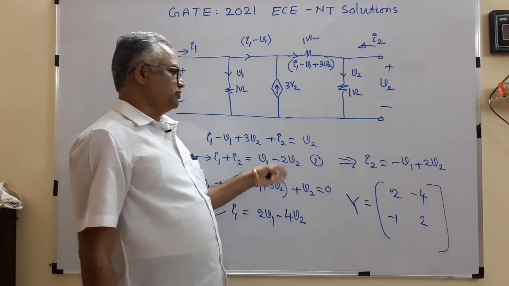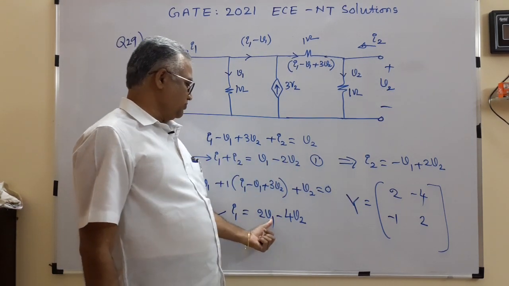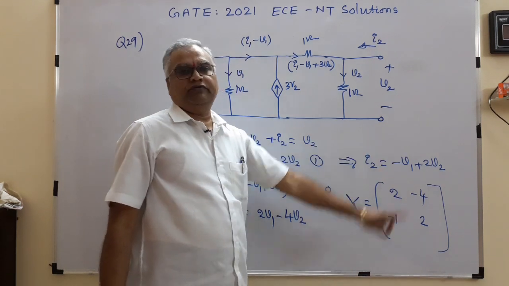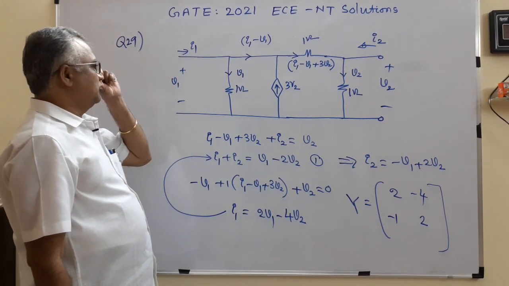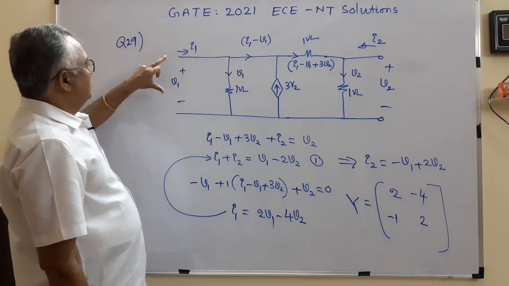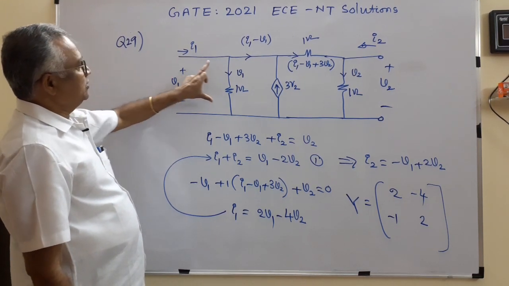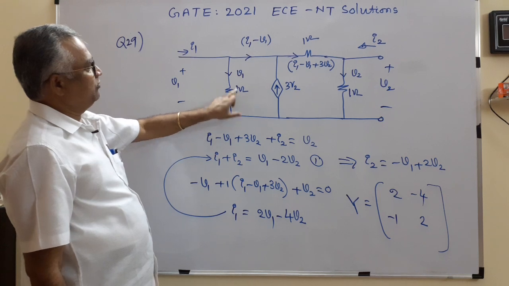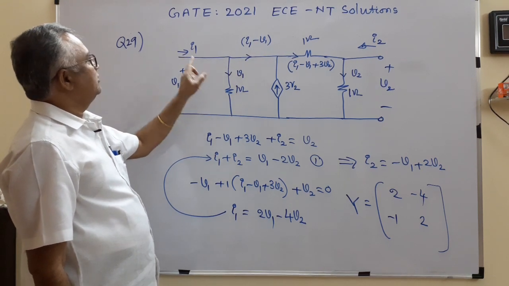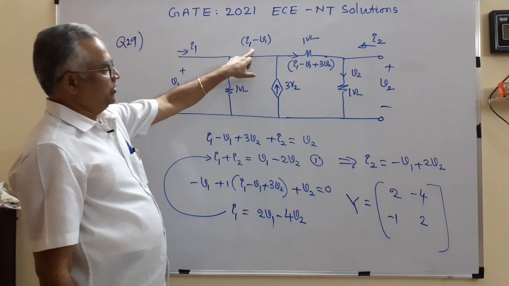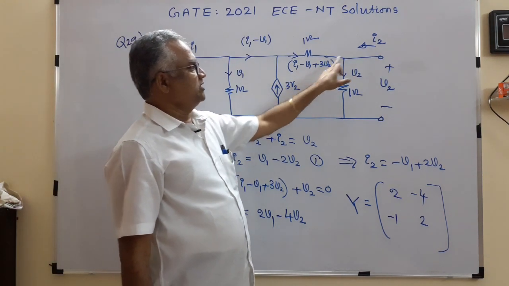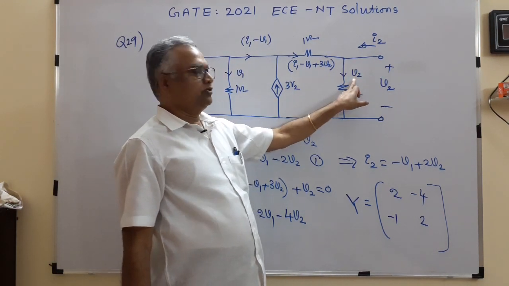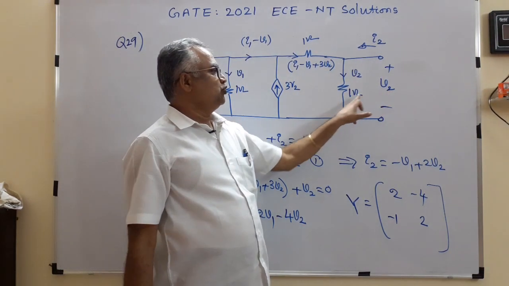I1, I2 in terms of V1, V2. So I1 in terms of V1, V2, I2 in terms of V1, V2. But to write the equations, you must be able to reduce the time. What is the voltage here? V1. What is the voltage here? V1. V1 by 1 is V1 ampere current. This minus this has to flow here, that is added with this current. That should be equal to V2 current, V2 by 1 is V2.